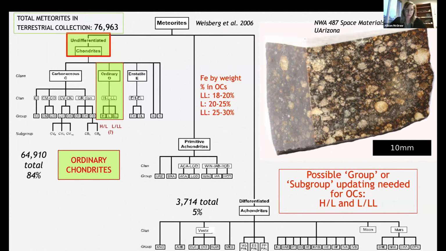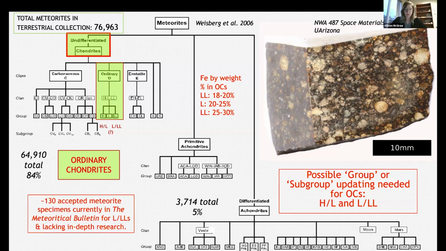Down below the ordinary chondrites on the left side of the screen, I have the proposed either maybe a new group or perhaps a subgroup within that I've called the H/Ls and the L/LLs. And this has also been identified within the Meteoritical Bulletin. If you click one more, there are 130 accepted specimens currently in the Meteoritical Bulletin for the L/LLs.